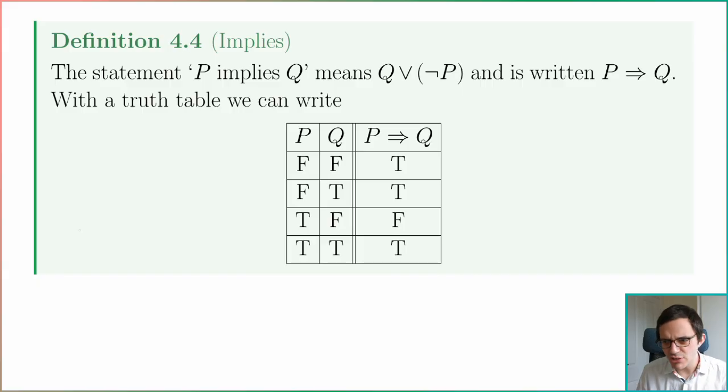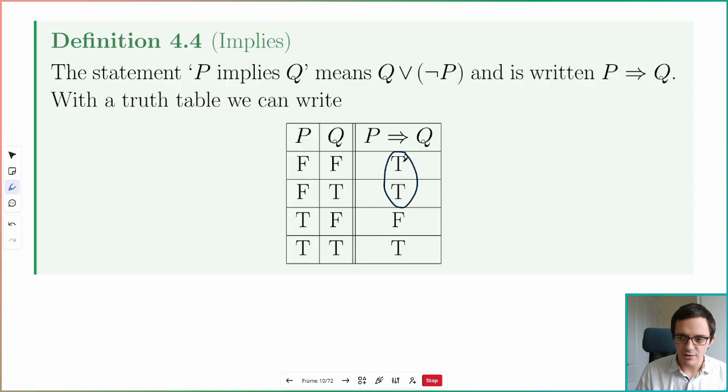There's part of this definition that makes people feel quite uncomfortable, I think, and it's these cases where P is false. You might expect the statement P implies Q to be false, because P is a false statement.